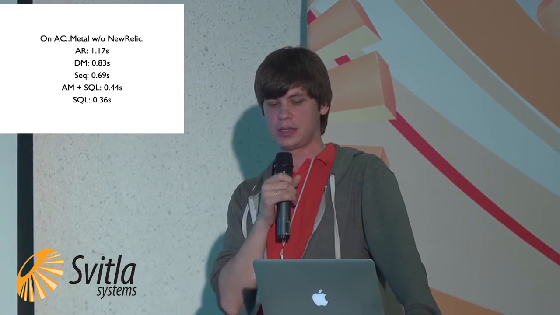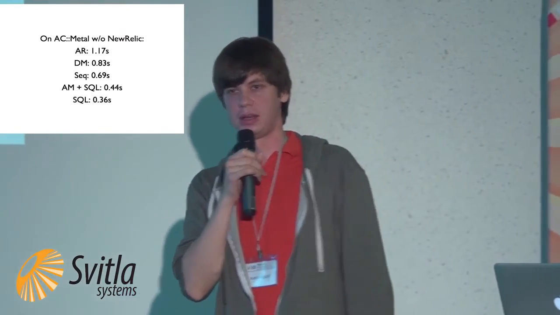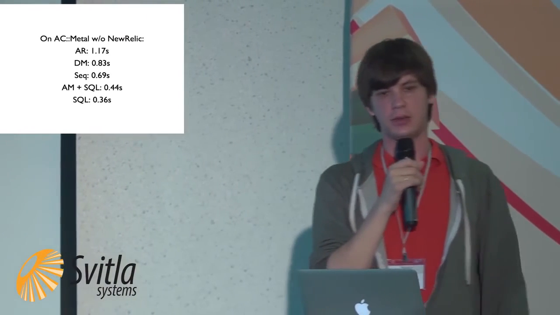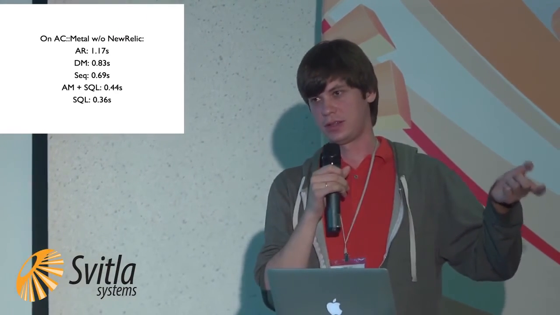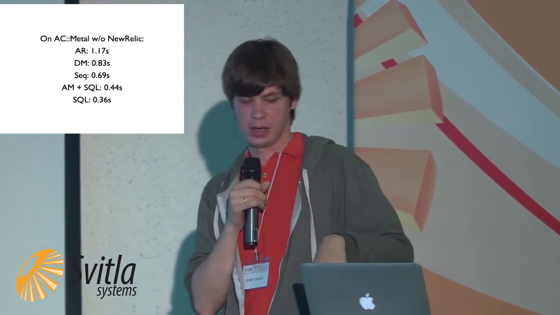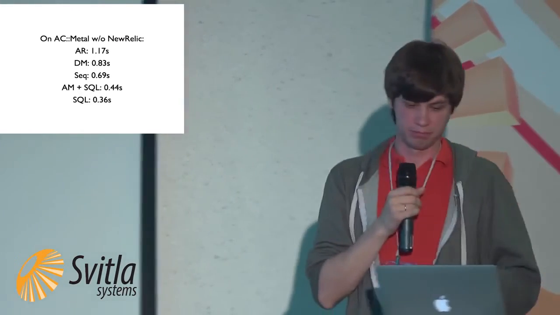Finally, okay, this is the list of values. You see, with direct SQL code in the controller, we got 0.36 seconds, okay? So compared to 1.4, this is like 4 times faster, and even Active Record with everything else is still very slow. So you can choose.